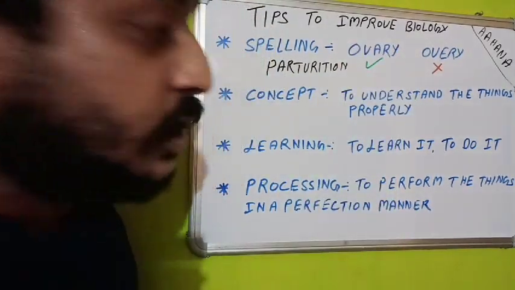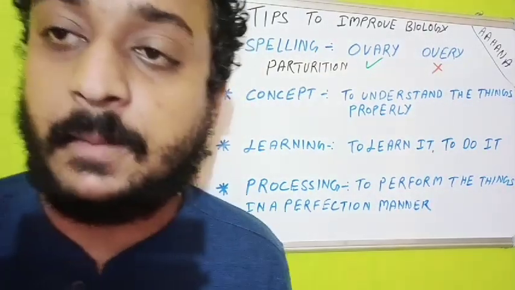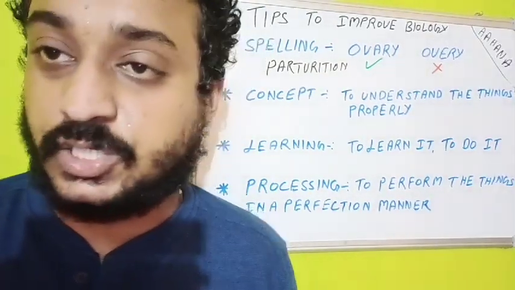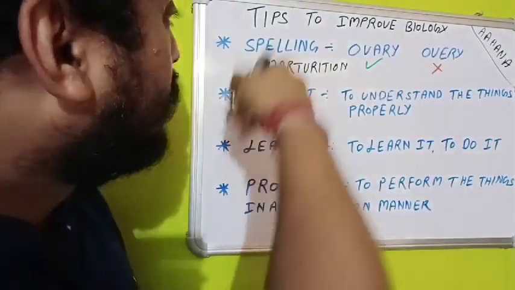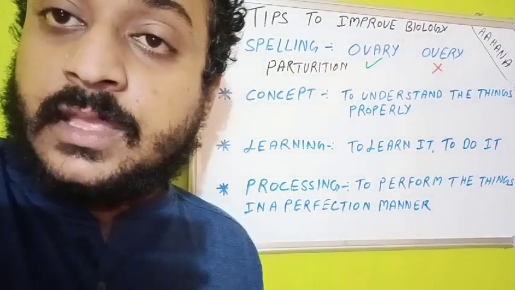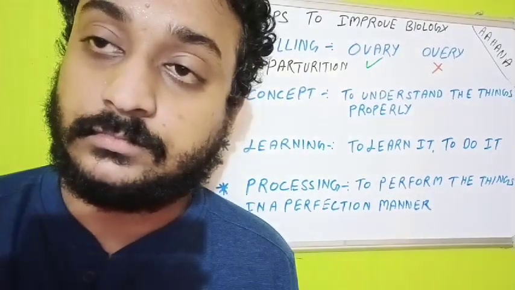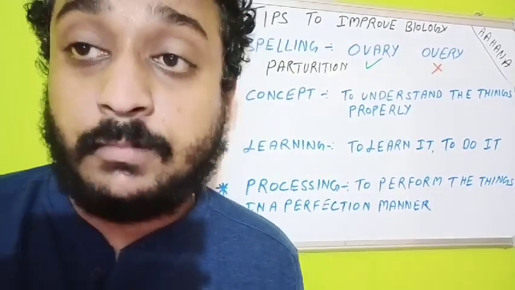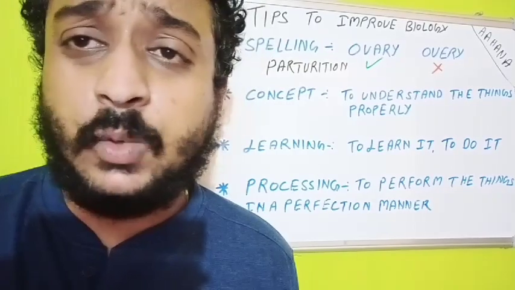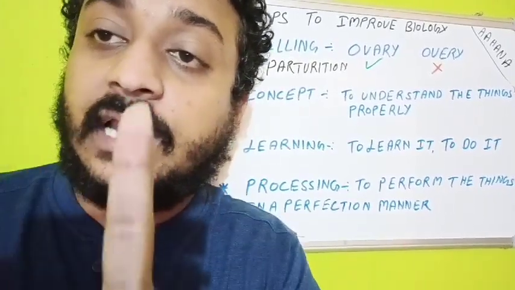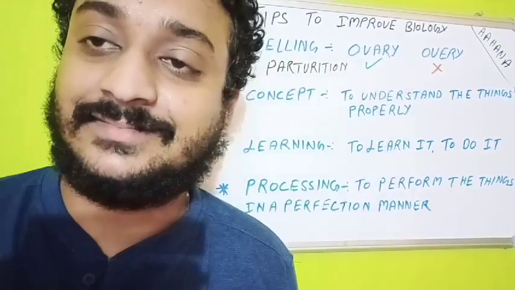Parturition. Parturition means birth of a baby. That is known as parturition. Now, if I am pronouncing it properly as parturition, then I will very nicely write its name. And most probably, automatically I will get the spelling correct.